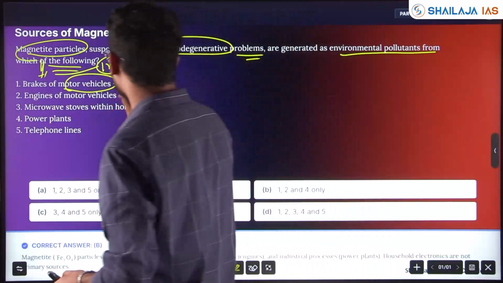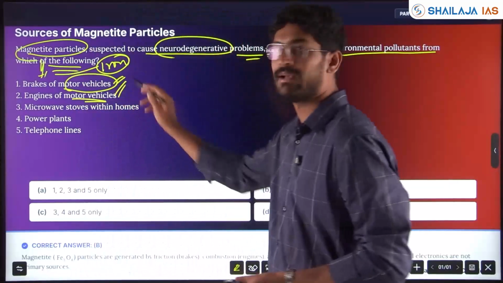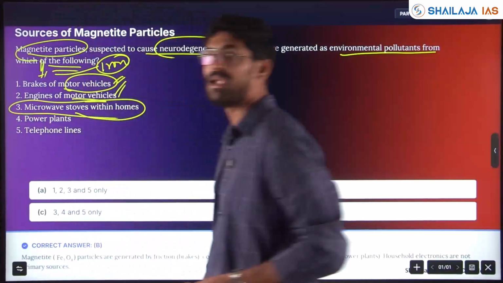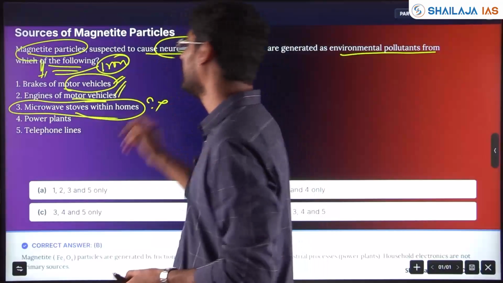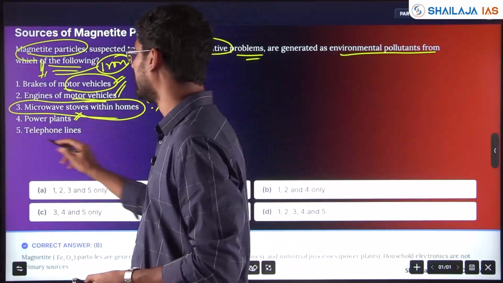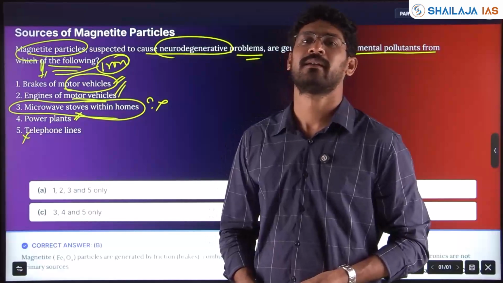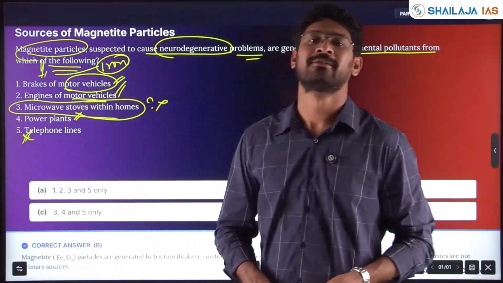Brakes of motor vehicles can have, engines of motor vehicles can have iron. Microwave stoves within home, do they have iron inside? No. Power plants, yes. Telephone lines, are they made up of iron? No. Telephone lines are not made up of iron, they are copper lines.